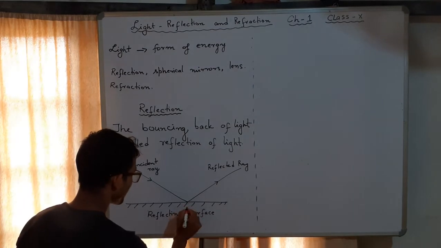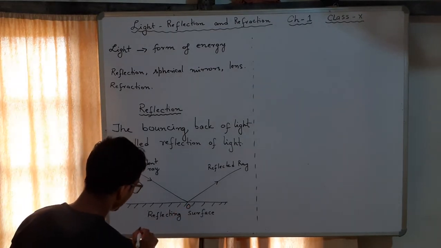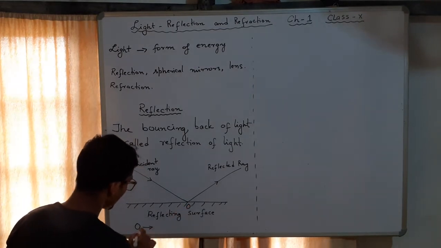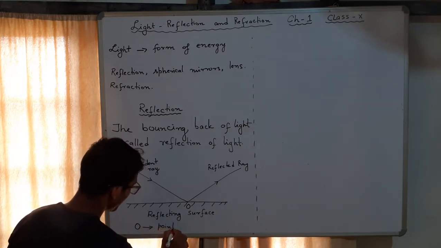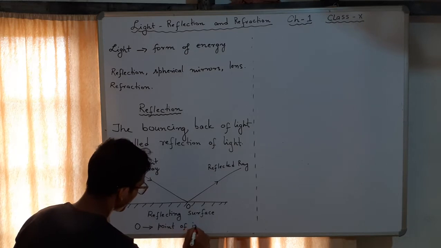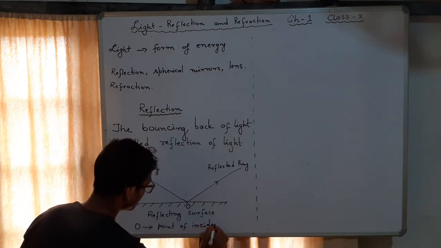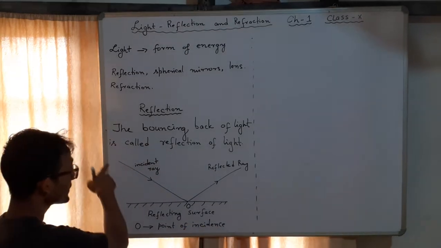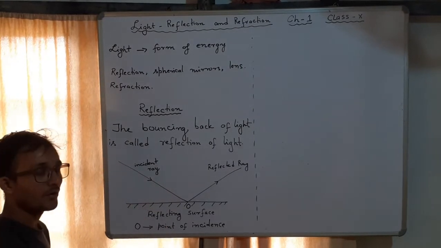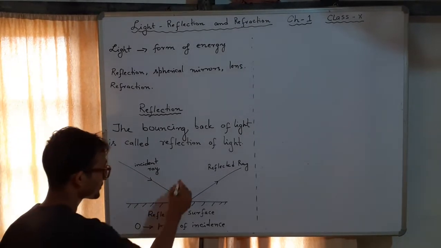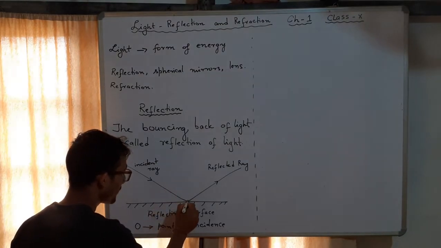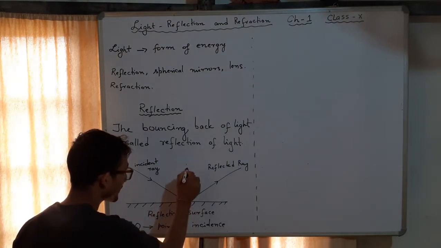This point, I call it O. The name of O is the point of incidence, because the incident light hits here. There are other things also. We draw a perpendicular here, a straight line.